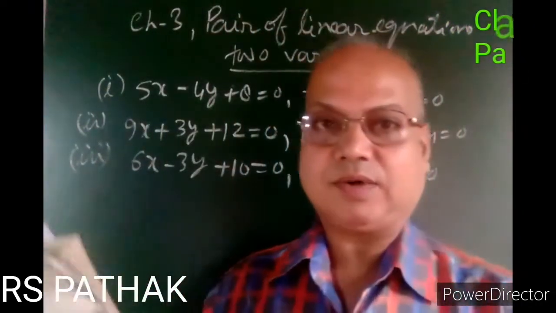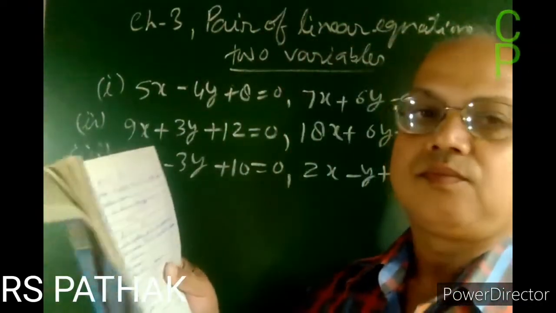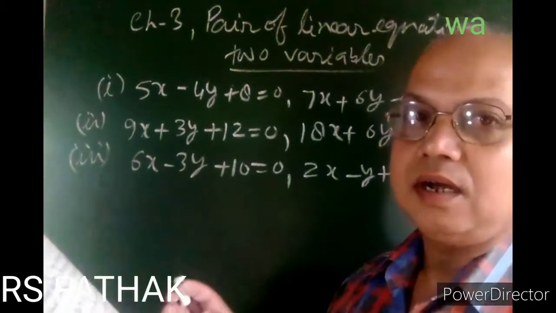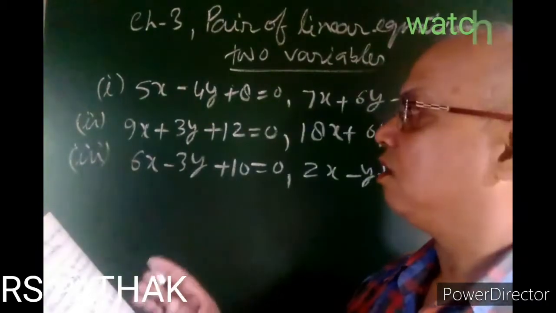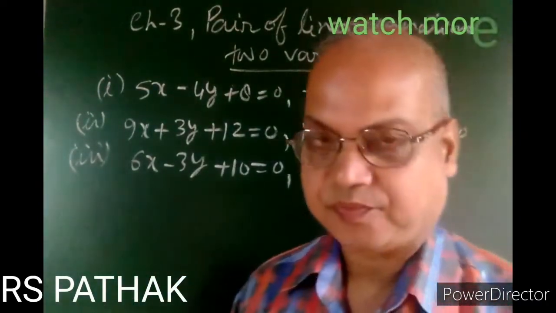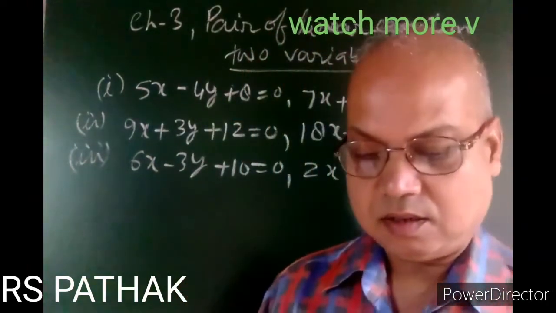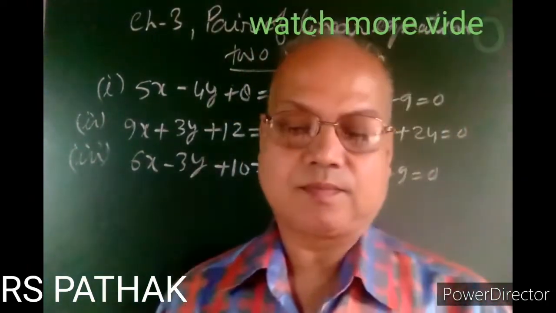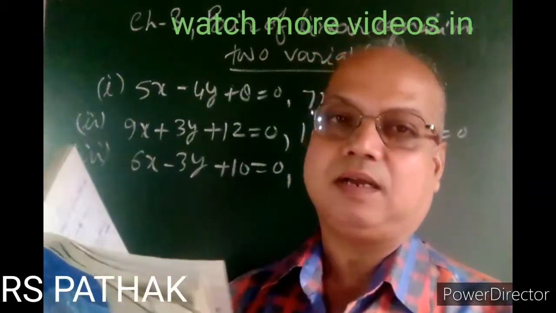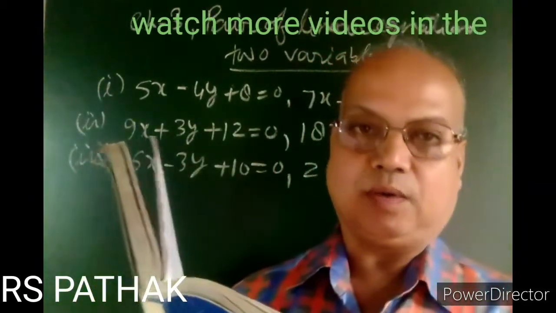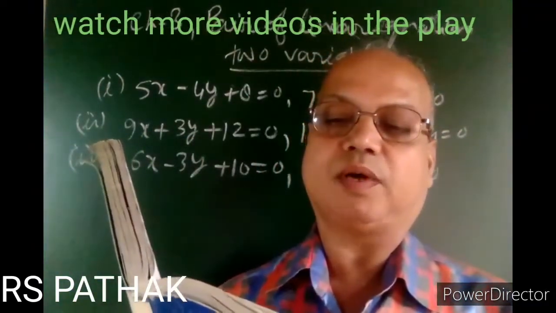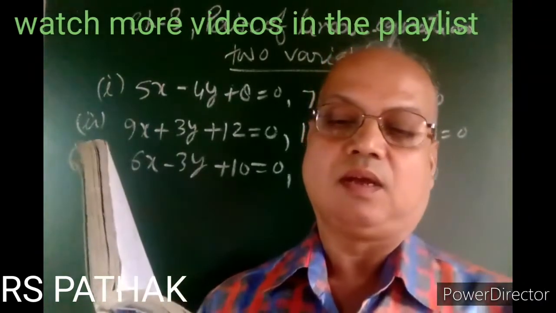There are three equations. I have noted them in my copy from the NCERT book, and I am going to solve them. In this question we are comparing the ratios A1 upon A2, B1 upon B2 and C1 upon C2.